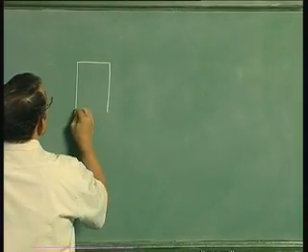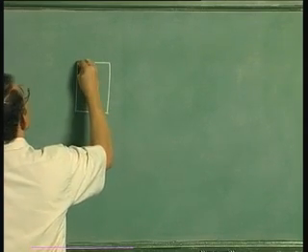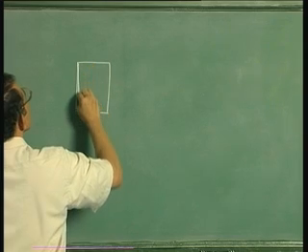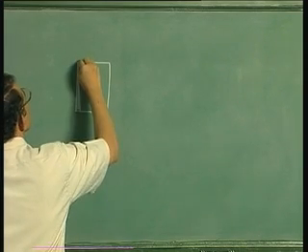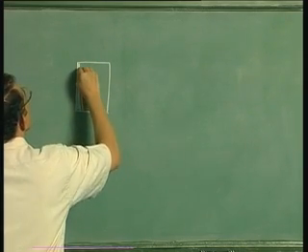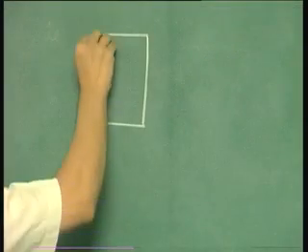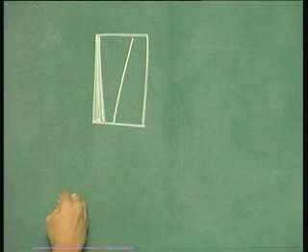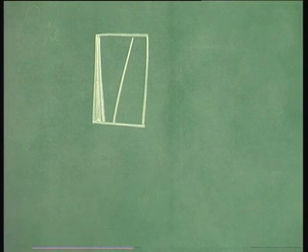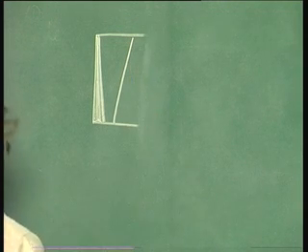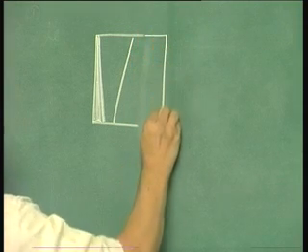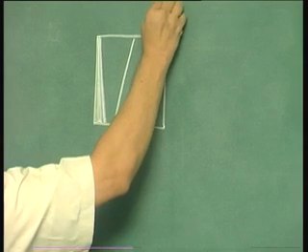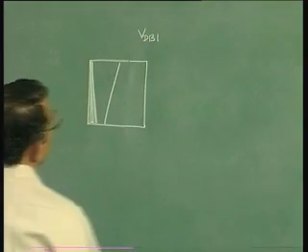So this is your substrate, this is the inversion charge, and this is the depletion charge. So this is for one value of VDB. So this is VDB1.